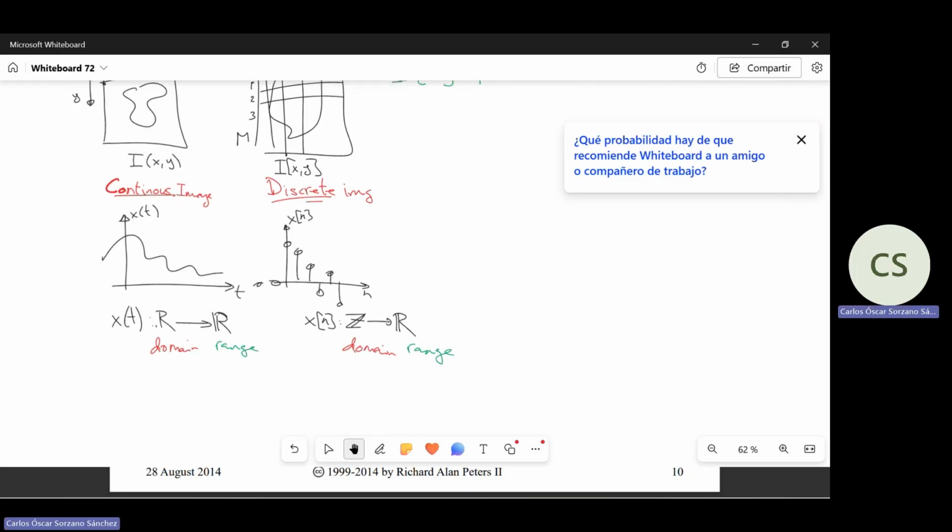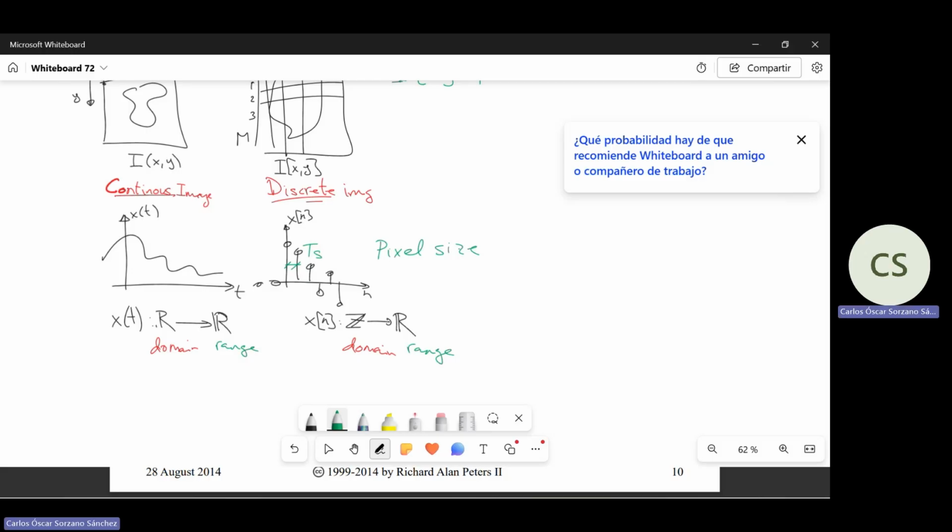The separation between two samples, that is the sampling rate, in images is called the pixel size. The sampling rate for 1D signals is called the pixel size for images.